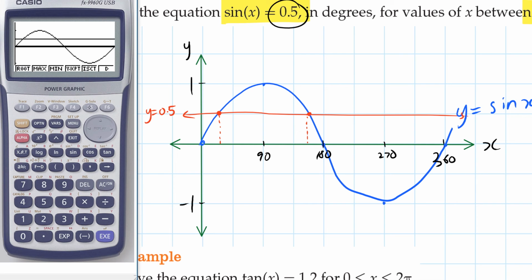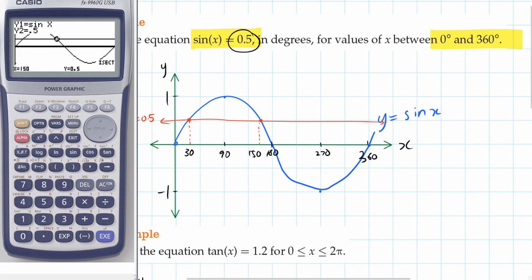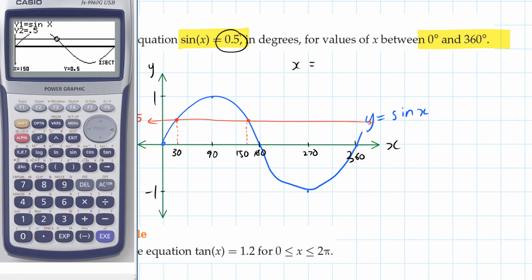Then we can G-Solve for the point of intersection of those two points. That first value is x equals 30, and that second value is x equals 150. So when we're solving this equation, we would say that x equals 30 and or 150 degrees. And so there's two solutions in this case.